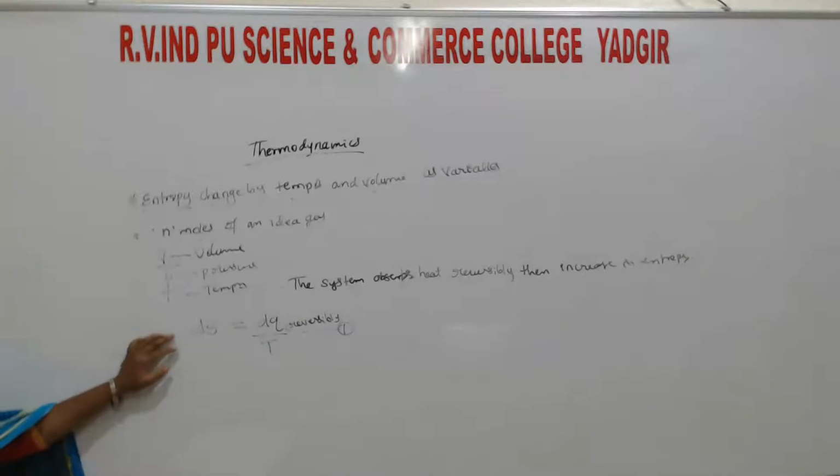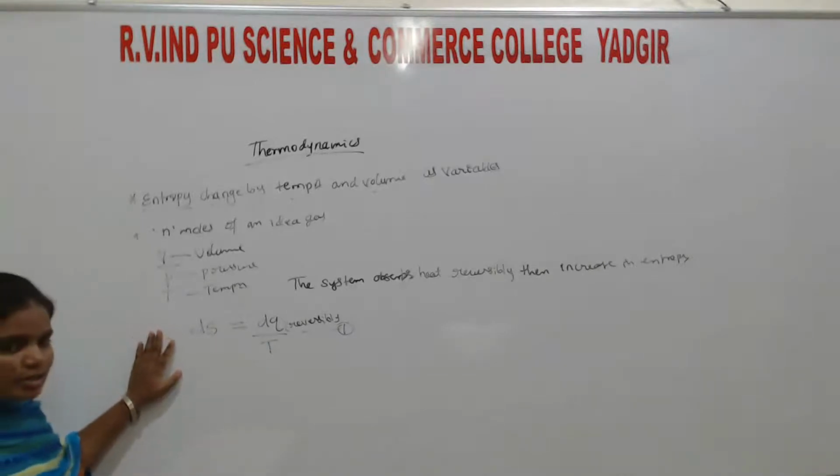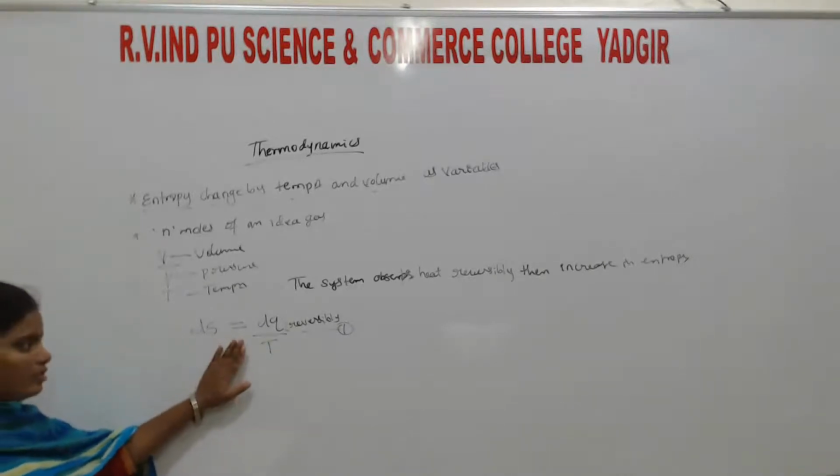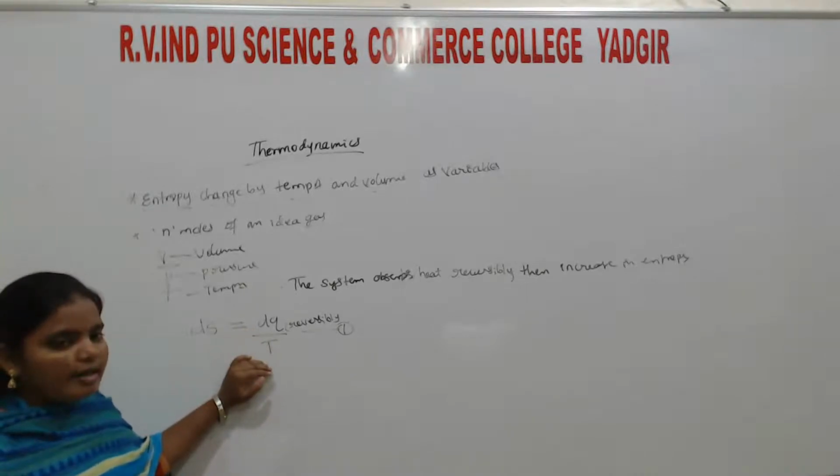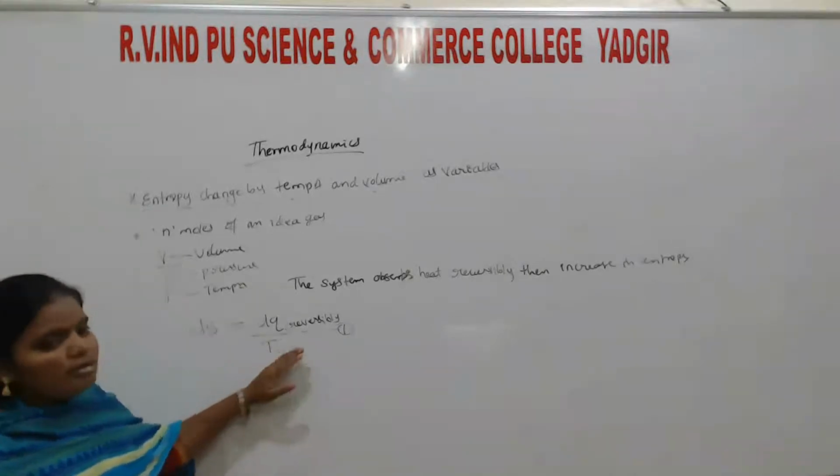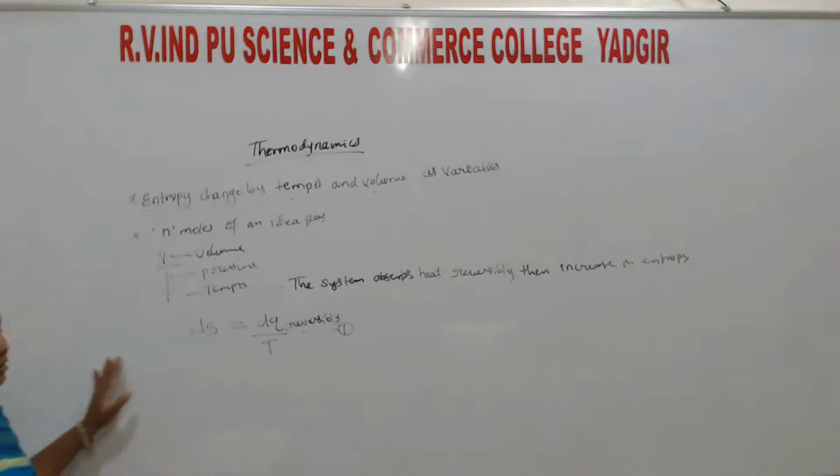Here you get the equation dS is equal to dq divided by T, it is reversible, and this is equation number 1.